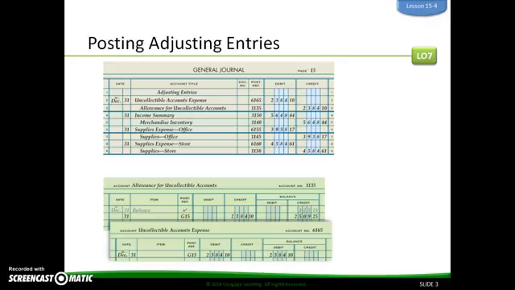Okay, so you can see that we are going to be posting our adjusting entries, and so we're going to be taking the numbers from our General Journal, and then we're going to be putting this into the general ledger here.